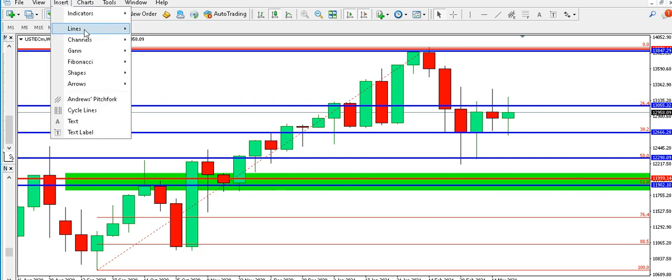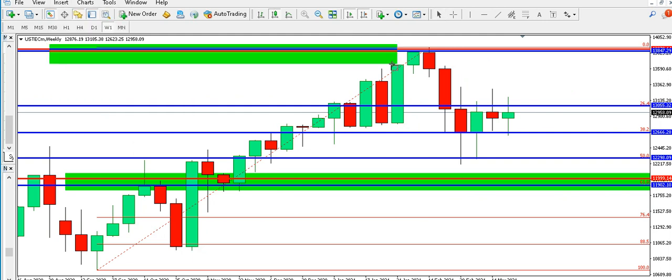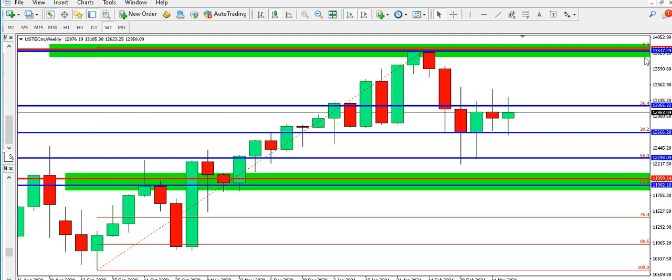Then we also have another one here, which is at the 0 level. So we already have a resistance here. Once price gets to the level, we expect price to break it or test it and then reject, meaning we expect price to come here and then come back, not completely to the support zone, but continue its direction up. Or we just expect price to blow up and break this resistance.